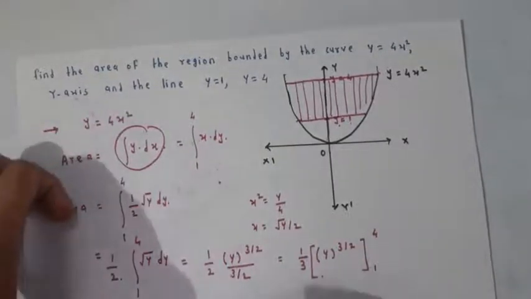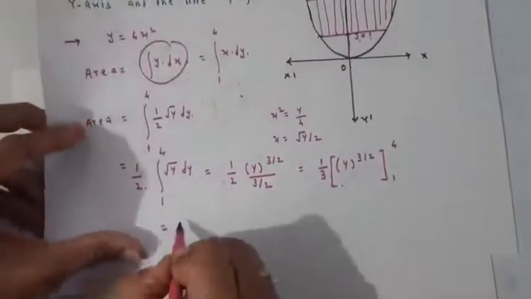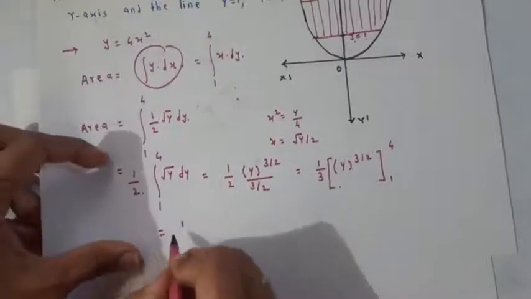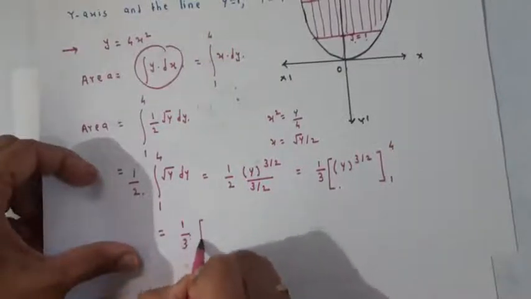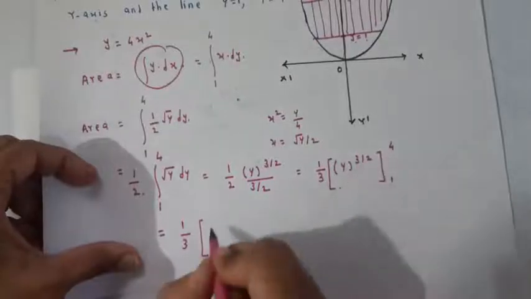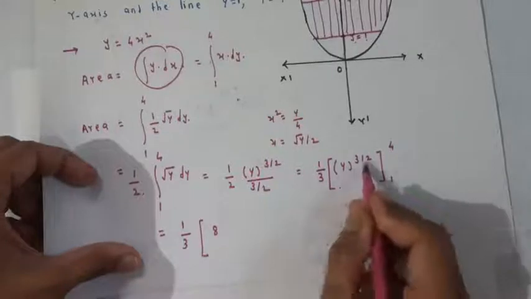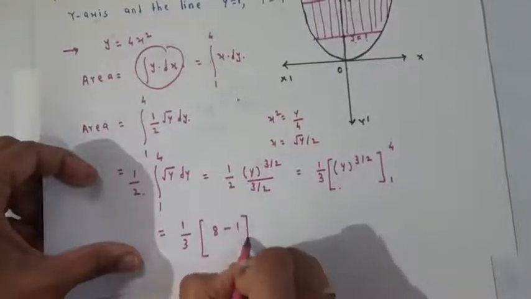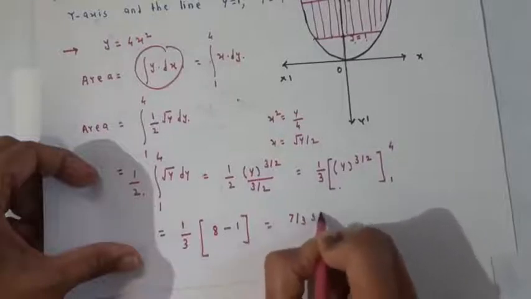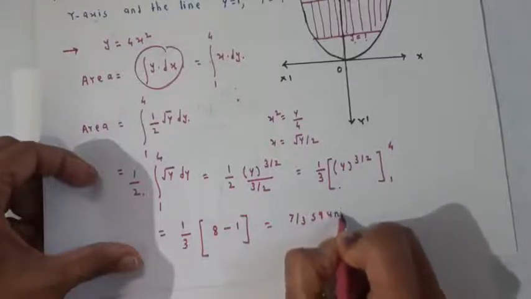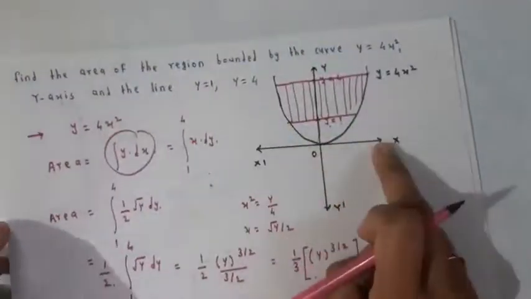This is equal to 1 by 3, 4 raised to 3 by 2 means 8, minus 1 raised to 3 by 2 is 1, and hence 8 minus 1 is 7 by 3 square units, and this is the required area.